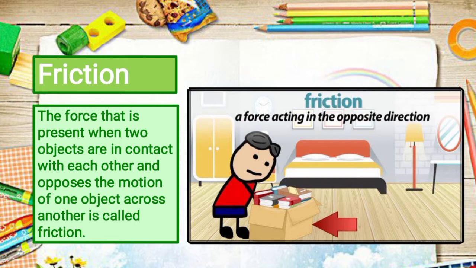It stops because of friction, and the force that is present when two objects are in contact with each other and opposes the motion of one object across another is called friction. As a result, the moving object either slows down or stops moving.